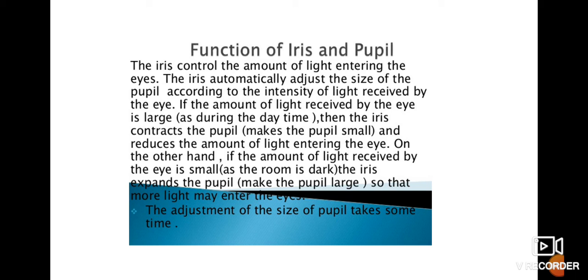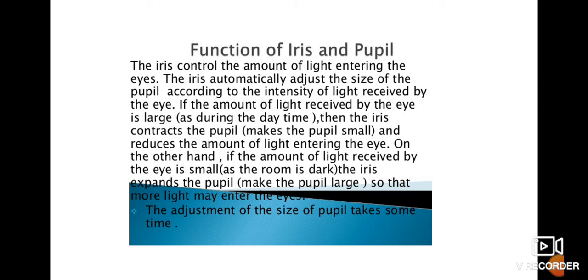Coming to the function of iris and pupil, the iris controls the amount of light entering the eyes. The iris automatically adjusts the size of the pupil according to the intensity of light received by the eye.